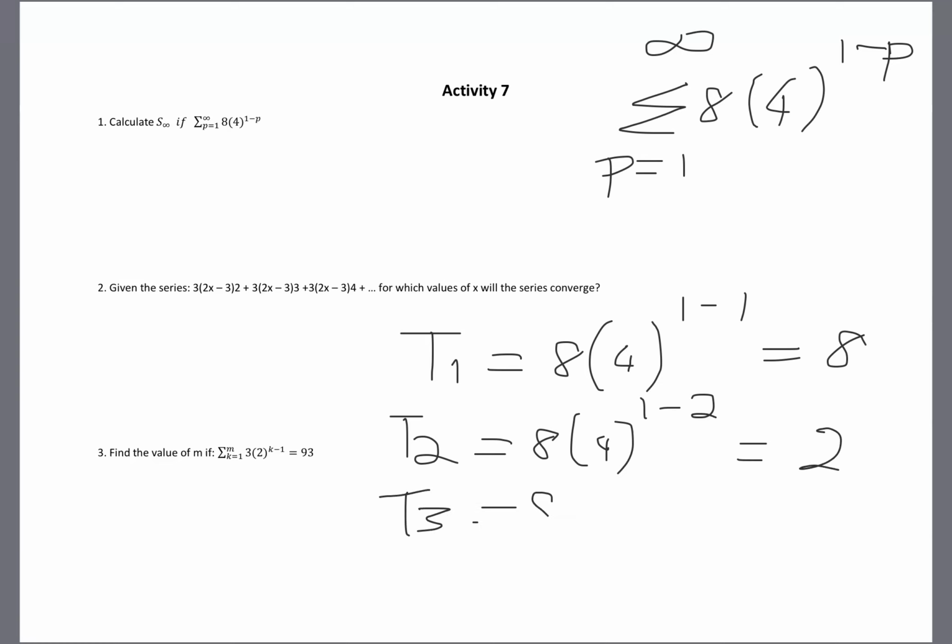We're almost done. And T3 is 1/2. 1/2. Perfect. And now I can calculate what my R is.